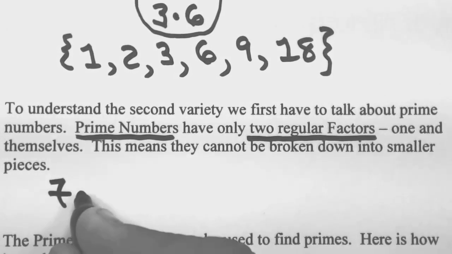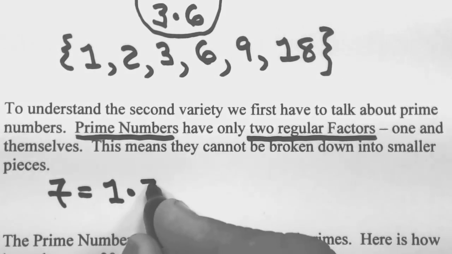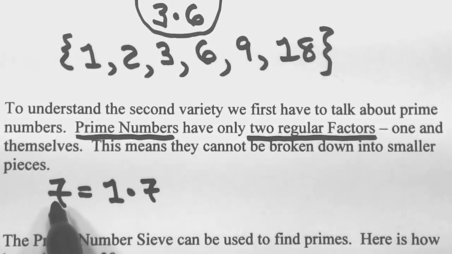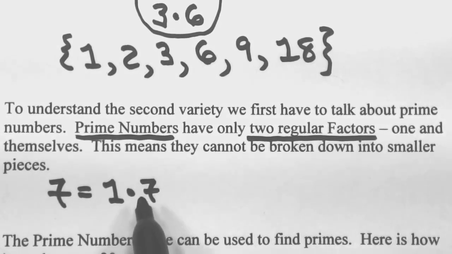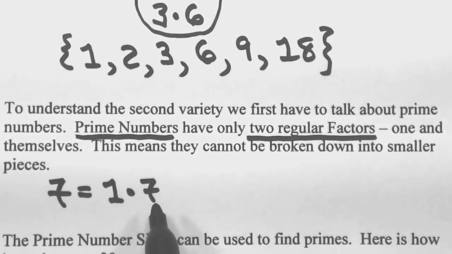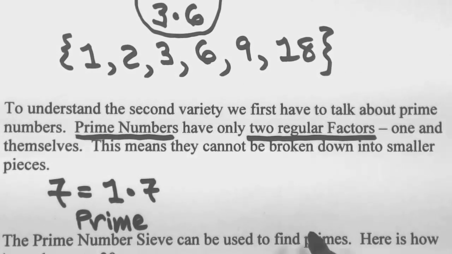Well, how about 7? All you can do with 7 in regular factors is 1 times 7. There are no other 2 numbers that you can multiply together to get 7. And of course that means there are no others that will divide evenly into it. So 7 has only 2 factors. That makes it a prime number. Now, numbers that are not prime are called composite.